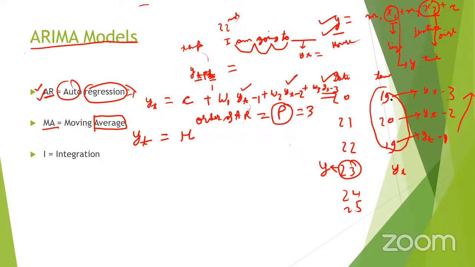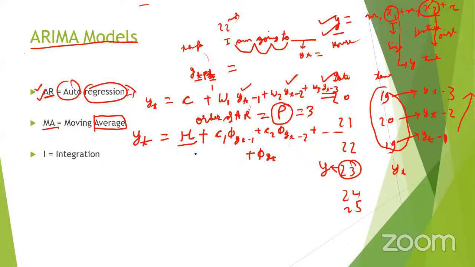For example, again taking this particular temperature data, it will say that yt will be equal to the mean plus C1 phi t minus 1 plus C2 phi yt minus 2, and so on. And what exactly these terms represent, I will be telling you in a moment. And at last, one more term will be added, that will be my phi yt.